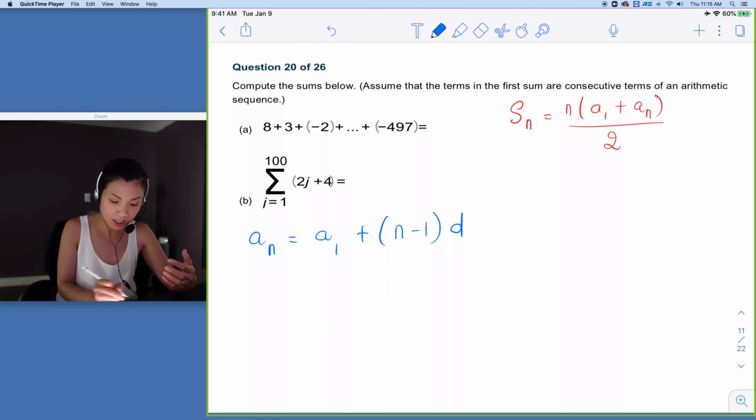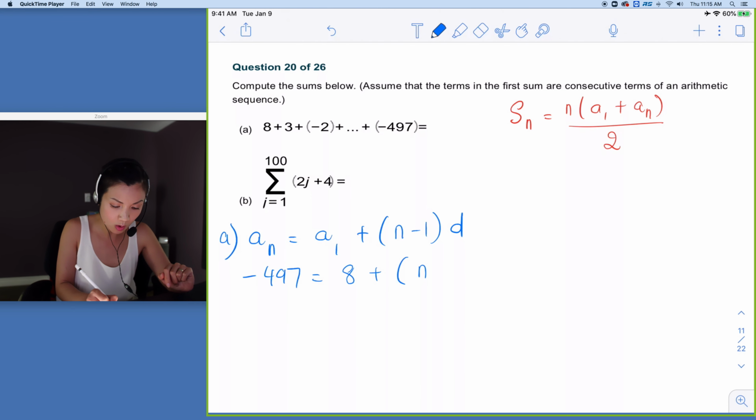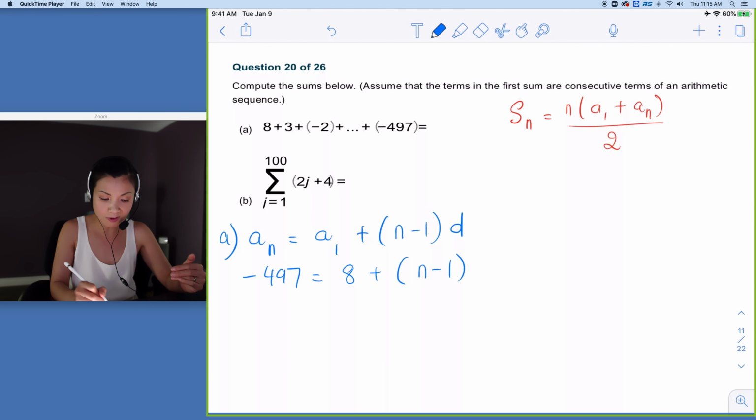So let's plug it in. an is negative 497. a1 is 8. I don't know n. And then d. You see from 8 to 3, I'm adding negative 5. And then from 3 to negative 2, I'm adding negative 5. So d is negative 5.